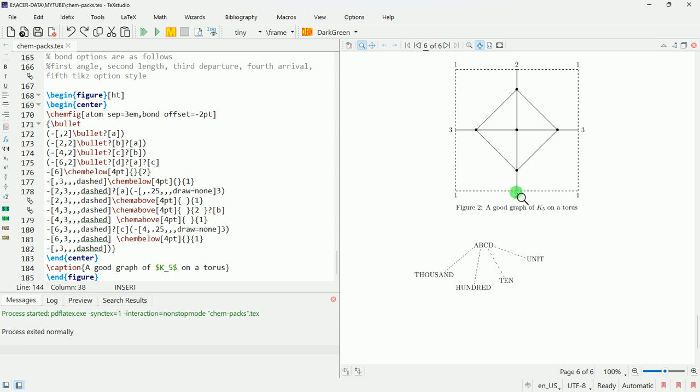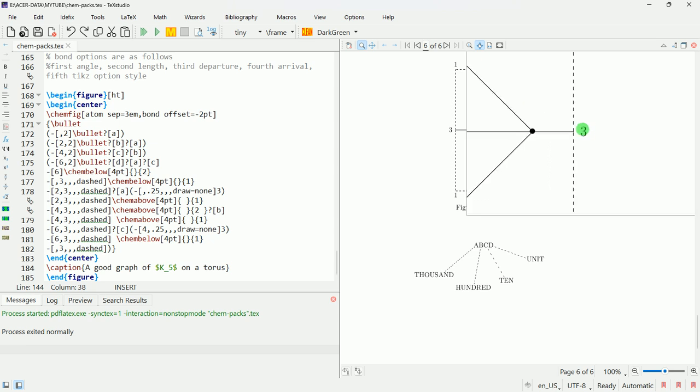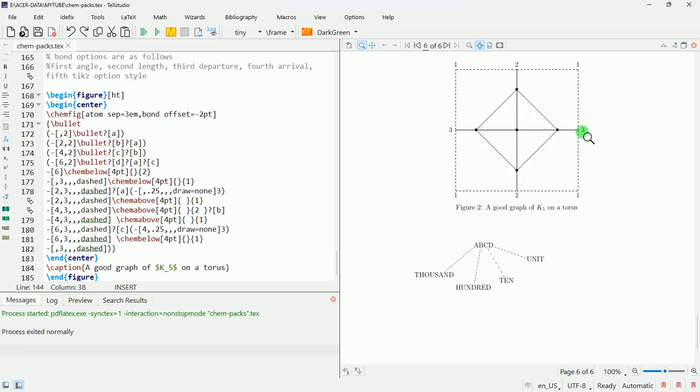And then this one is a dashed line. So then the first dashed line is coming here. And below will be written 1. Now this 3 is neither below nor above. So chem above, chem below will not work for this 3. So for that one has to use a trick.